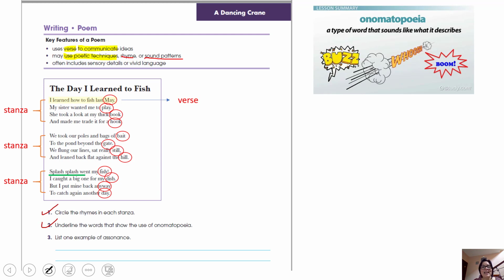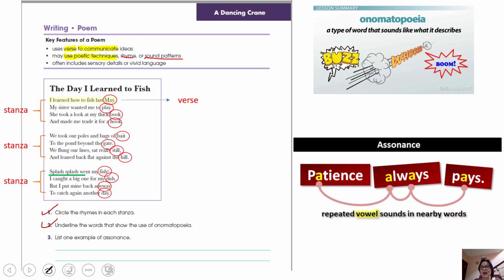guys, says list one example of assonance. But what is assonance? So I have it here for you, and I want you also to write this in your book. Write what is assonance. Assonance says that it is the repeated vowel sound in nearby words. For example, in yellow we have what vowel sound?